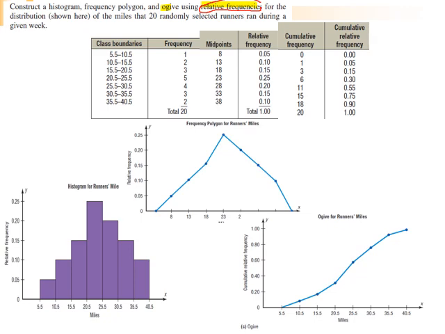To draw the histogram, we will put the classes on the horizontal axis and the relative frequency on the vertical axis, like this. The total of the frequencies should be equal to 1, and we will begin with 0, 0.05, 0.1, and up to the greatest value here, 0.25.